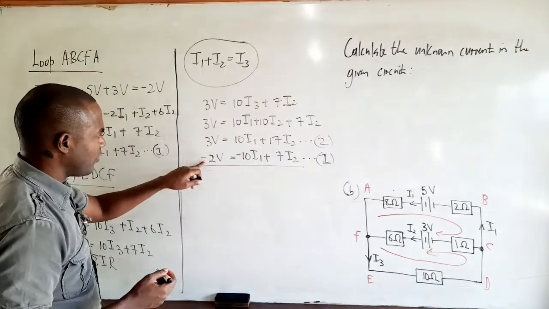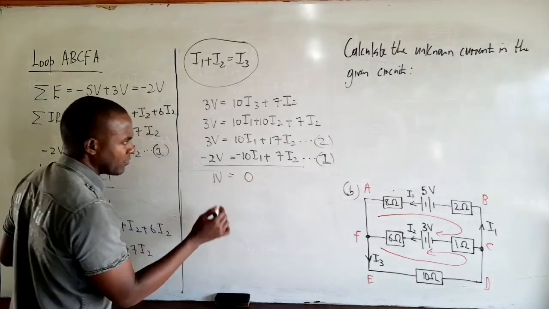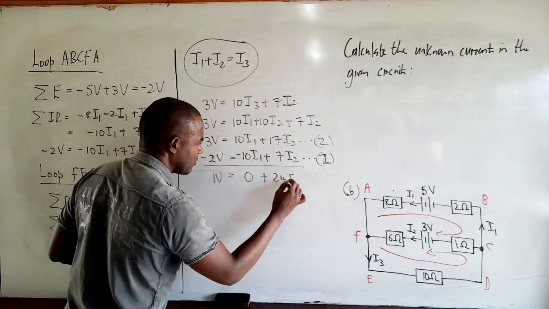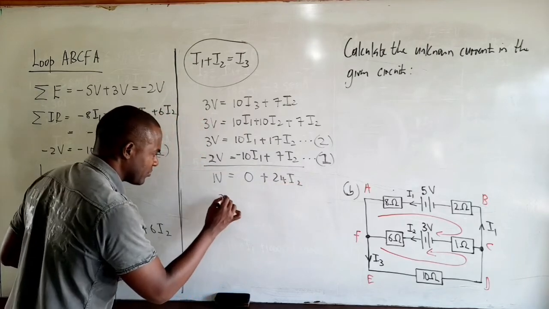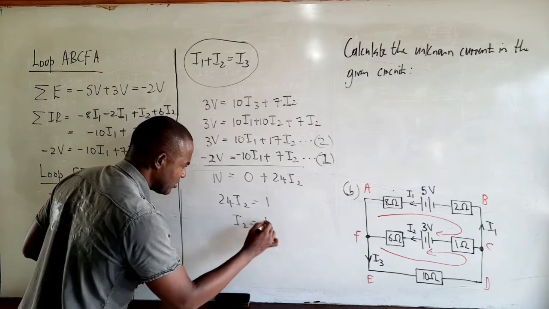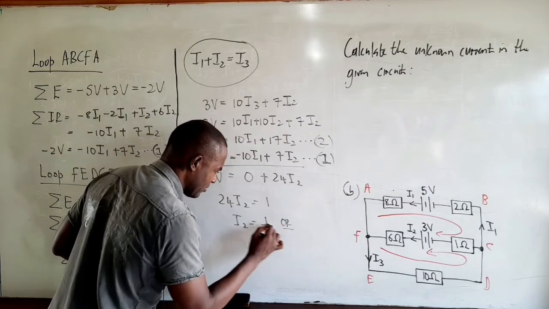So minus 2 volts plus 3 volts, that gives us 1 volt. This is 0. And then this gives us 7 plus 17, 24 I2. So what we have here is that 24 I2 is equal to 1, and I2 is equal to 1 over 24, or we can express it as a decimal.